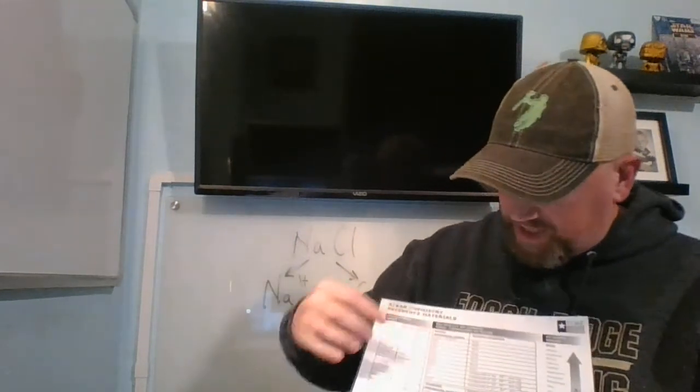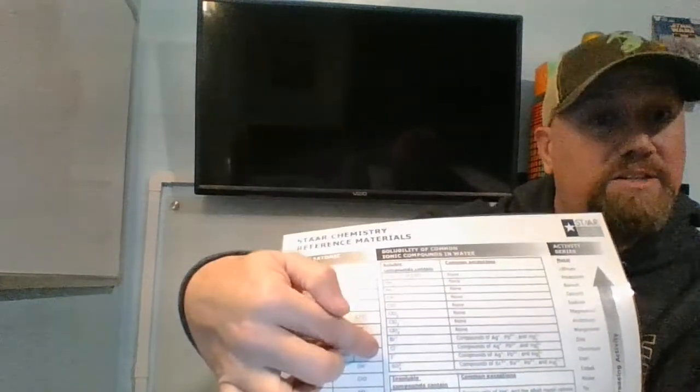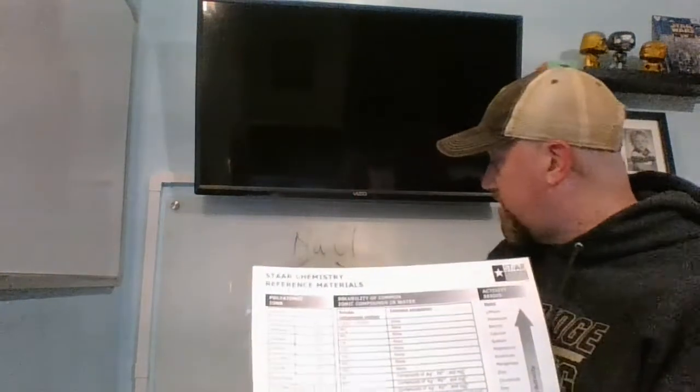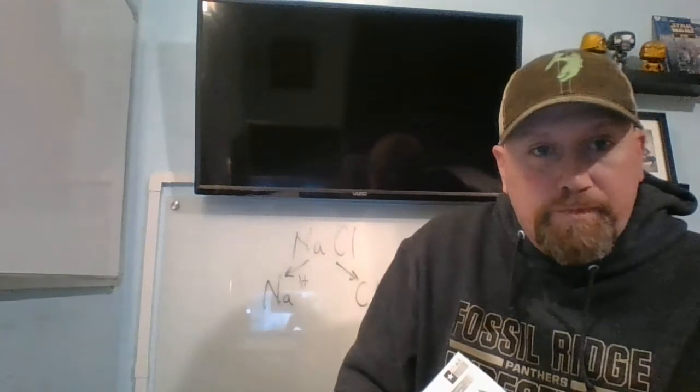We see, oh, here's chlorine, and that's in the top chart that says it is soluble. So that makes us think that sodium chloride is going to be soluble in water, meaning it's going to dissolve, and it is an electrolyte.